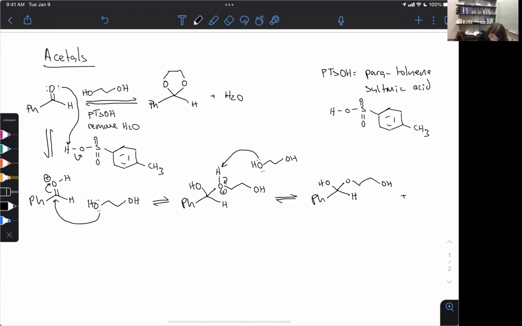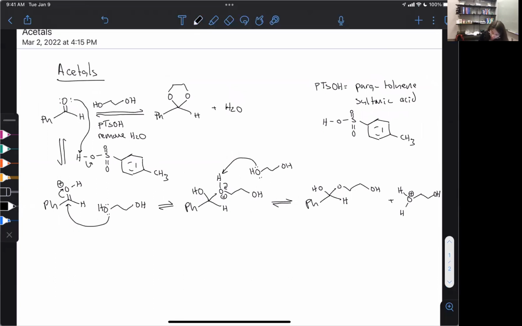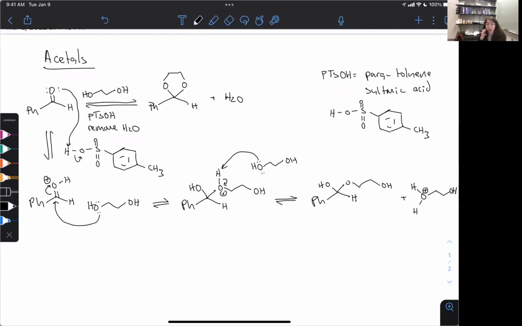And we've also formed some protonated ethylene glycol. Now we're going to use that to protonate our alcohol to make water for our leaving group.